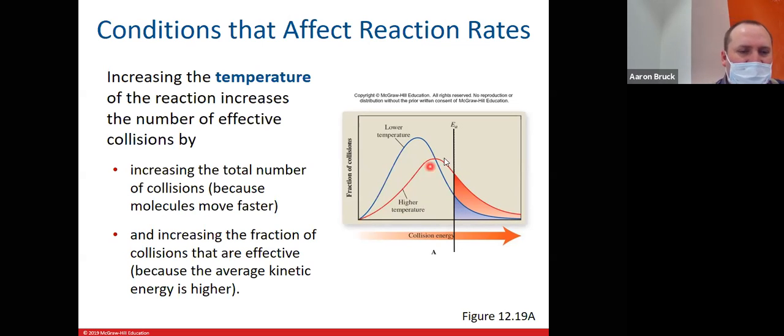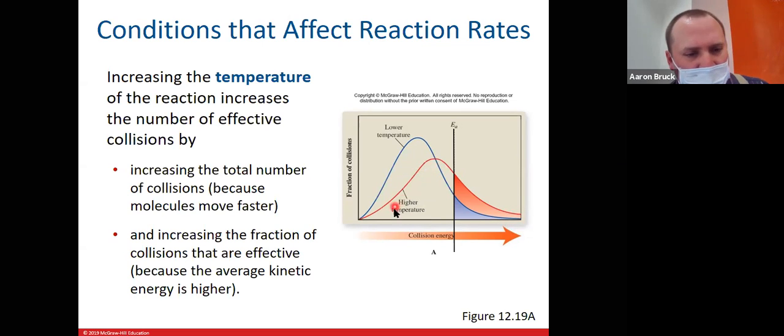But if I raise the temperature, notice that the majority of my molecules still don't meet the activation energy, but a significant portion of them do. And I get a larger proportion of those molecules that react with enough energy to cause a chemical reaction.